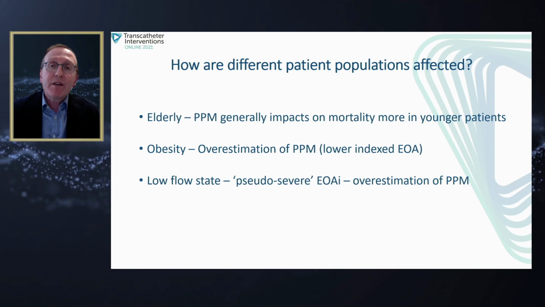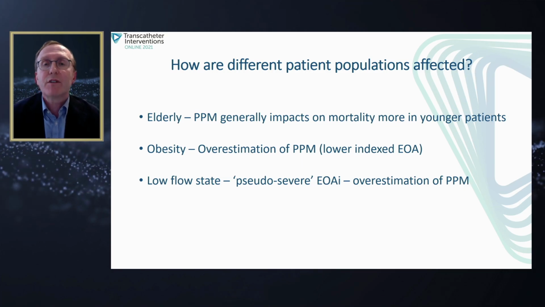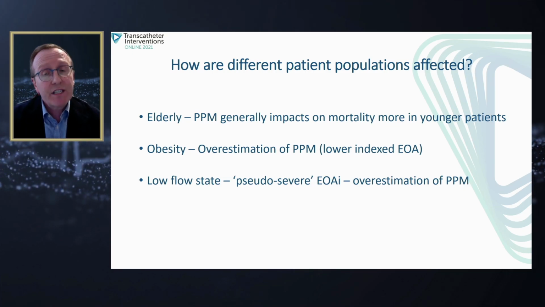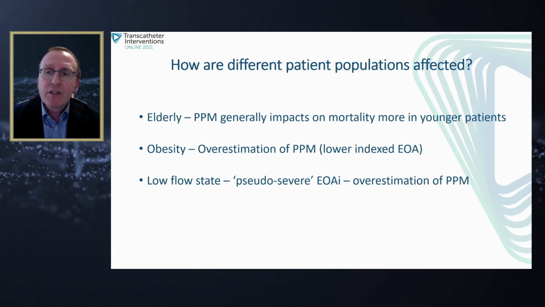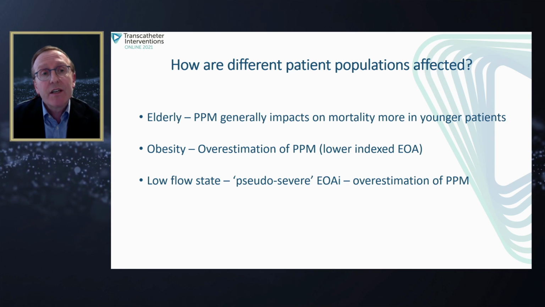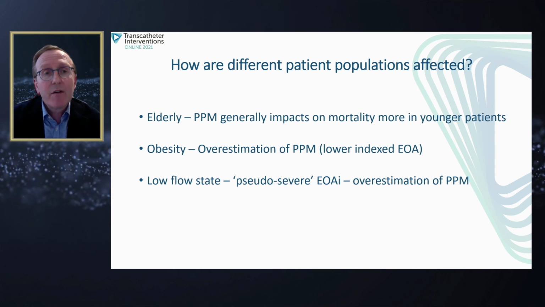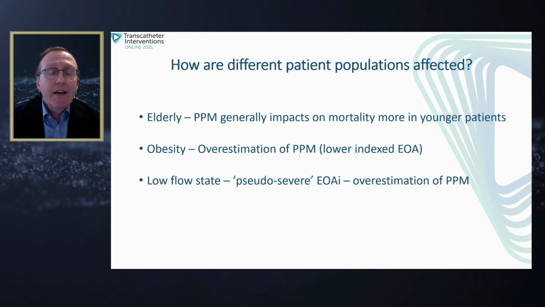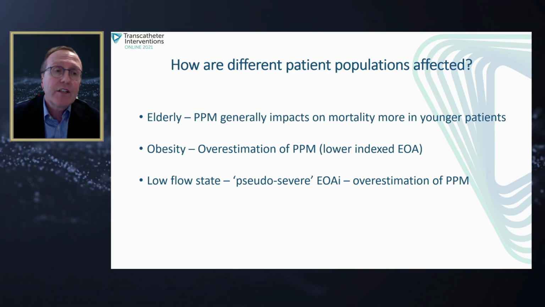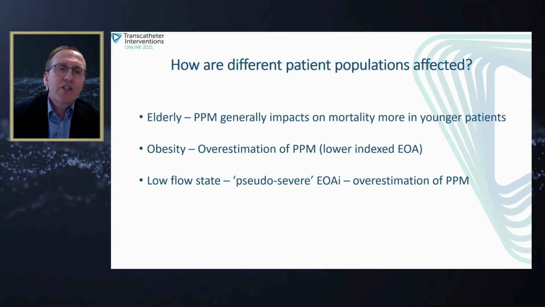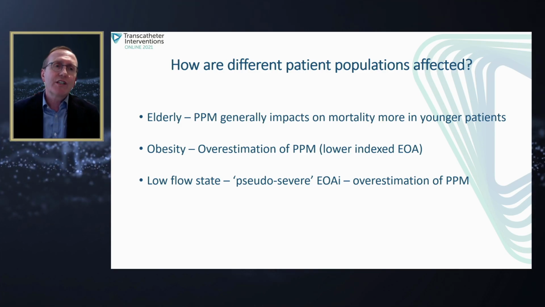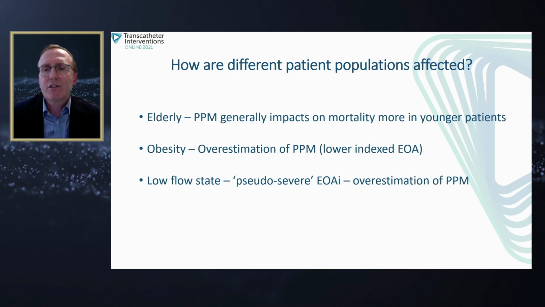It was thought that TAVI patients were older and therefore PPM is not as relevant. However, that wouldn't explain the differences I've seen in the randomized trials. Also, in obese patients, there tends to be an overestimation in patient prosthesis mismatch with a lower indexed EOA. And then there are patients with a low flow state who get a pseudo-severe EOA index, and you get overestimation in PPM. So I think particular caution is needed in these three patient groups.